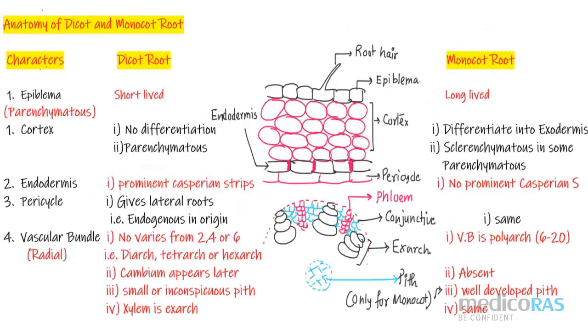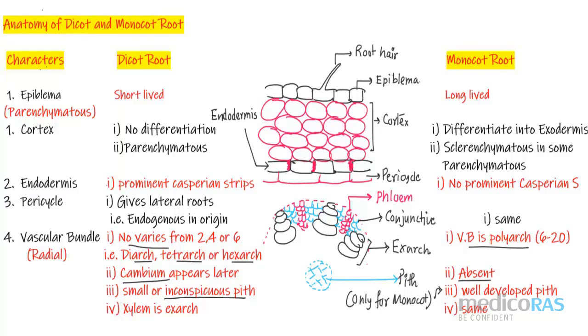So here we have written all the information. You can see here the number varies, like diarch, tetrarch, that condition also we have written. Here the polyarch condition we have written. Then cambium is present only in case of dicot, and in case of monocot it is absent.